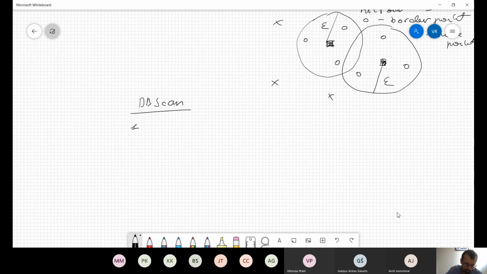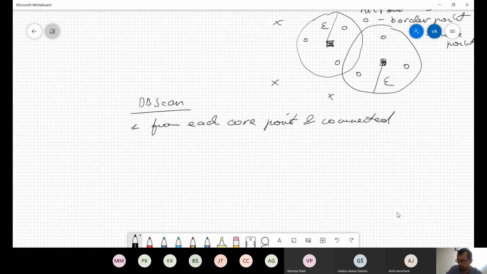One step is, from each core point and connected core points, these points that are connected together form a cluster, right?